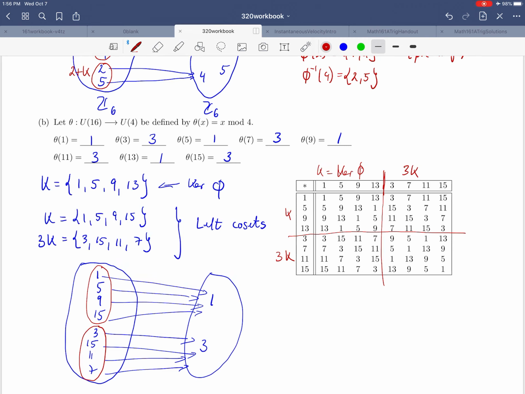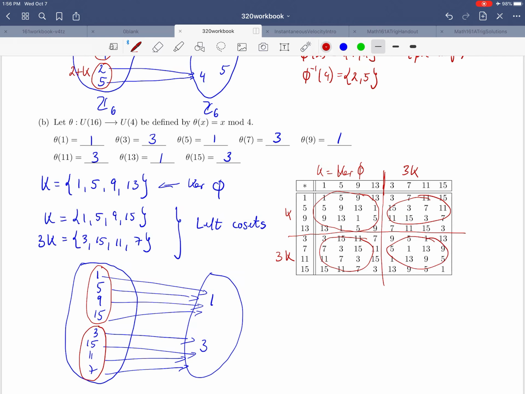You can see that all the elements in K, composed with elements in K, just give us elements in K. And then over here, we are seeing all the elements in 3K. Over here, all the elements in 3K. And then over here, all the elements in K.